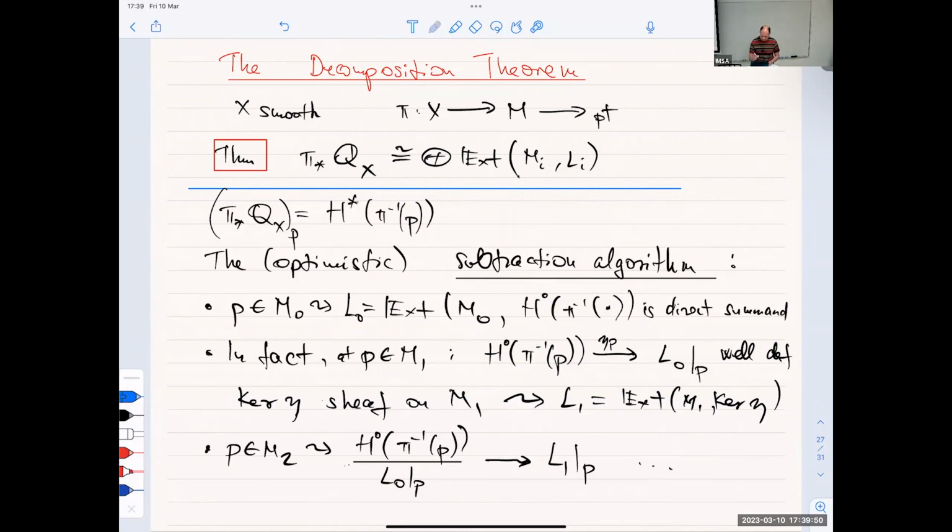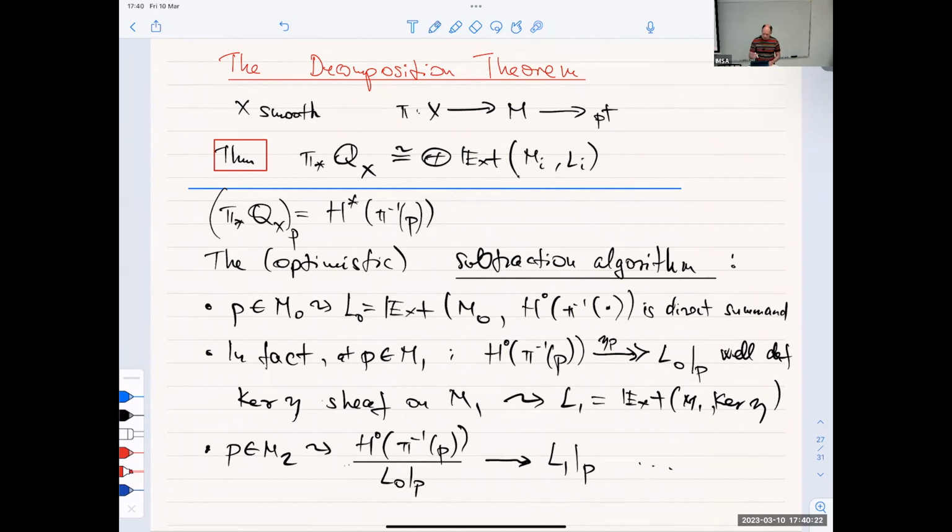And the claim is it's a well-defined map. I can vaguely explain what it is, but it's not important. The point is you have this map, and then you can take the kernel of this map, eta. And this kernel will be now a sheaf on M1, a constructible sheaf on M1. So that's the end of the subtraction argument.